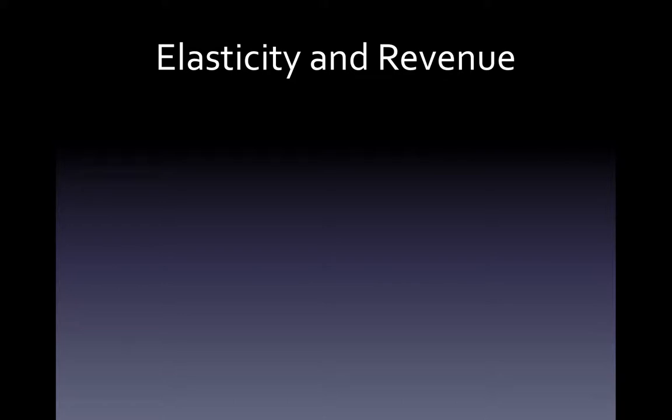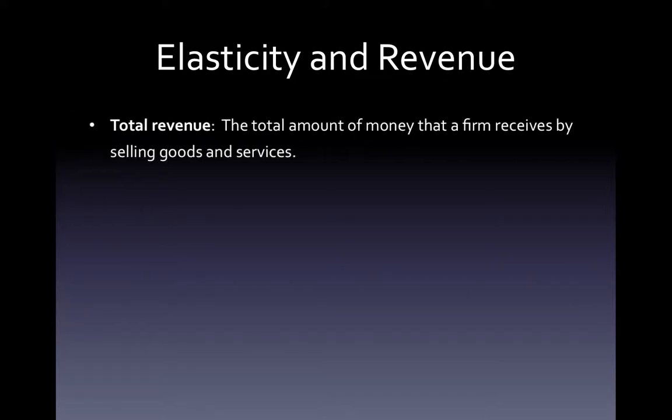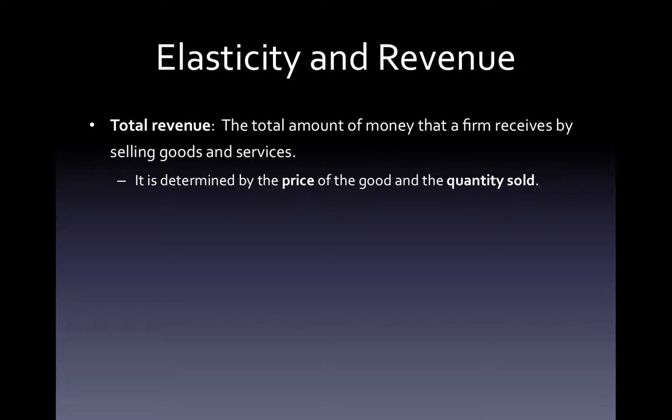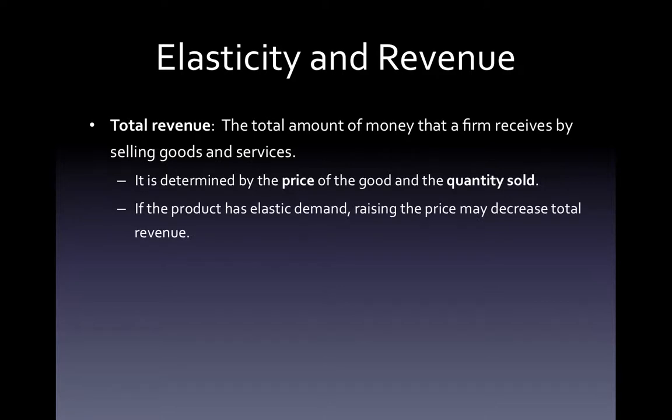Okay, elasticity and revenue. Total revenue is the total amount of money that a firm receives by selling goods and services. It is determined by the price of the good and the quantity sold. If the product has an elastic demand, raising the price may decrease the total revenue. So price increases may not always be a good idea.